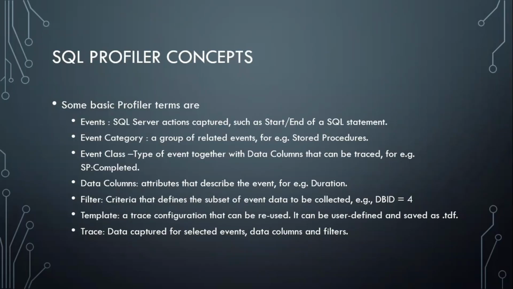An event class is any event that comes up with some data regarding that event. For example, as we'll see in a bit, when an SP is executed, the SP completed event shows you the data that is being sent in the SP. So that is an event class.